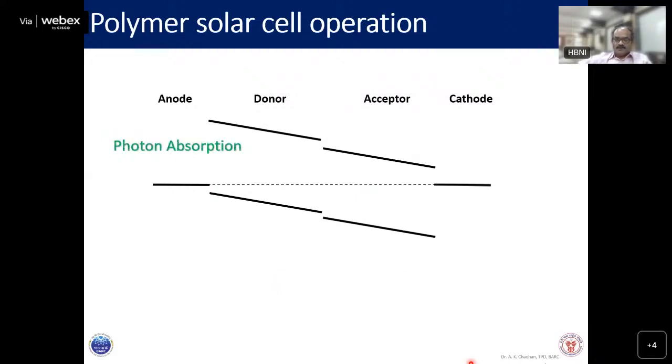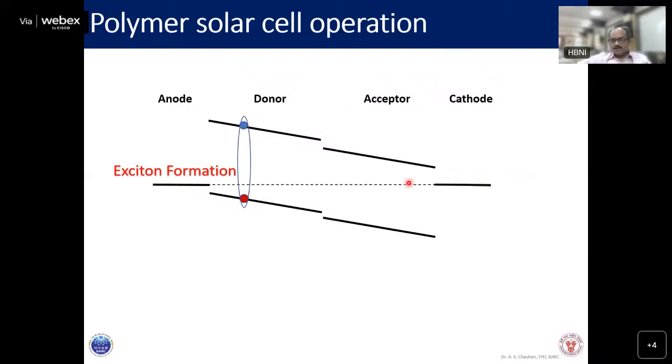So if light falls, in that case, the photon is absorbed and we see an electron and hole pair generated. At this moment, it is a bound electron hole pair and is called an exciton. Now you see this electron hole pair, since it is bound, its net charge is 0.